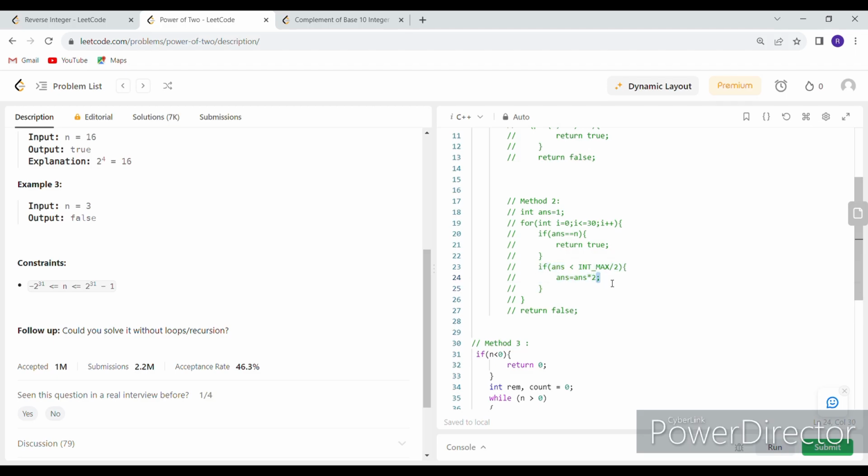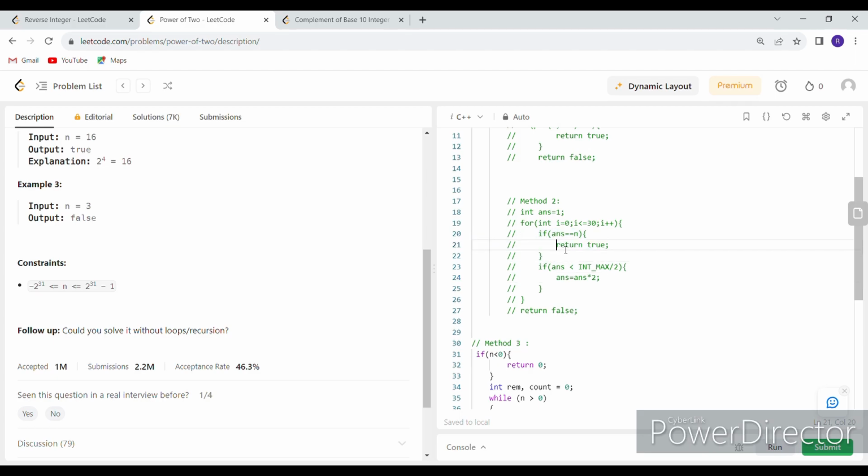Okay, and if it is any number greater than 1, this condition will be executed and we will multiply the answer by 2 and keep doing it until I is less than or equal to 30, or we get the answer equal to n.